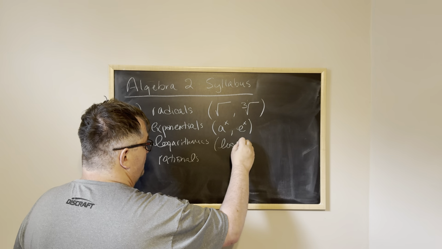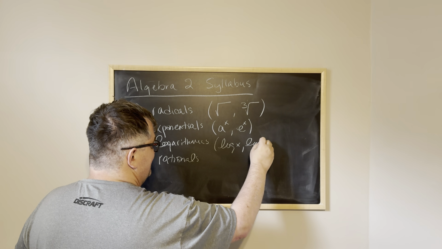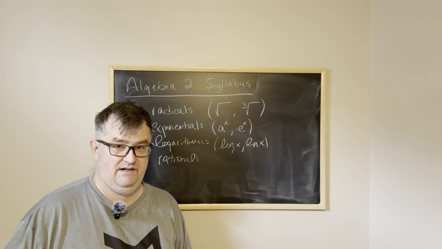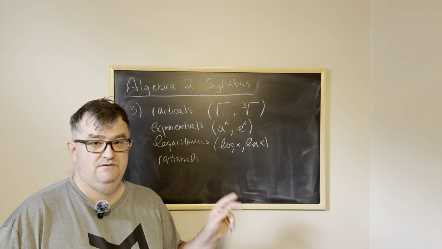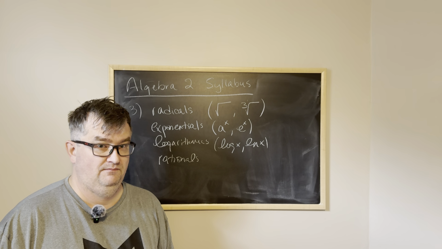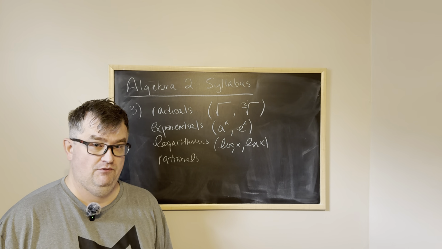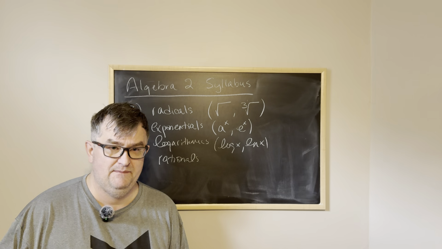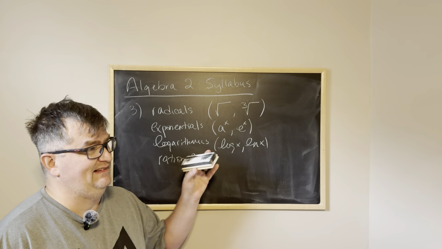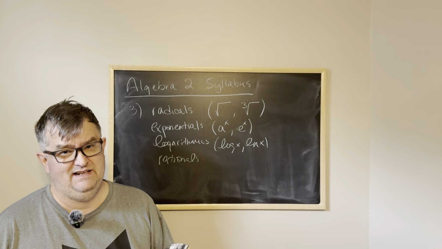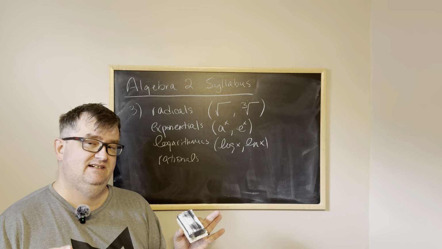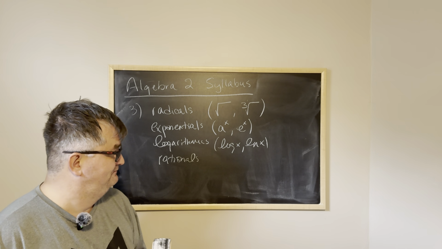Your Algebra 2 course is deficient if it does not cover natural log and e to the x. Those two functions are very critical because of exponential growth, exponential modeling, and in calculus, you have a lot of work involving e to the x and ln x. This is something you need to be intimately familiar and comfortable with.